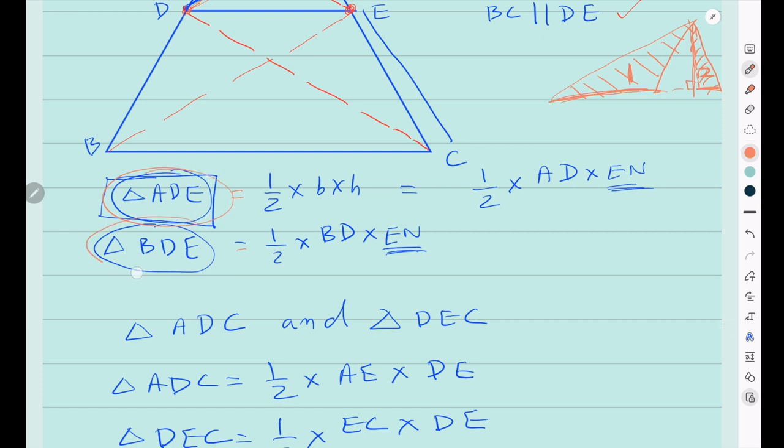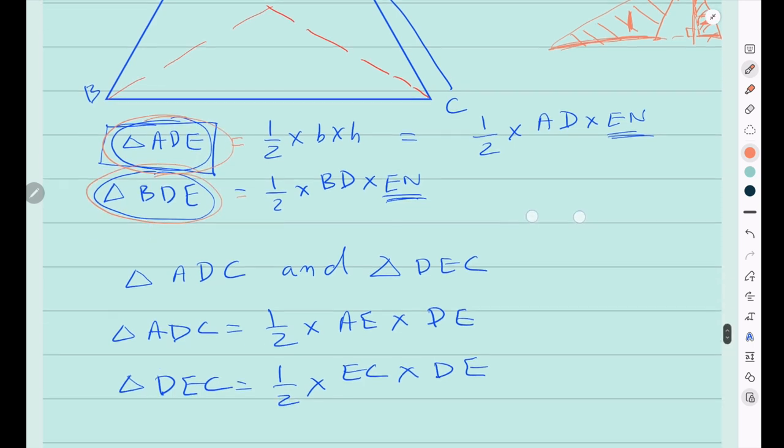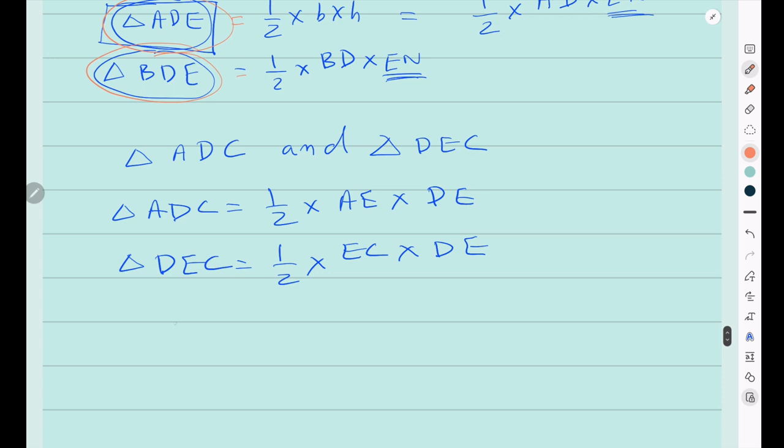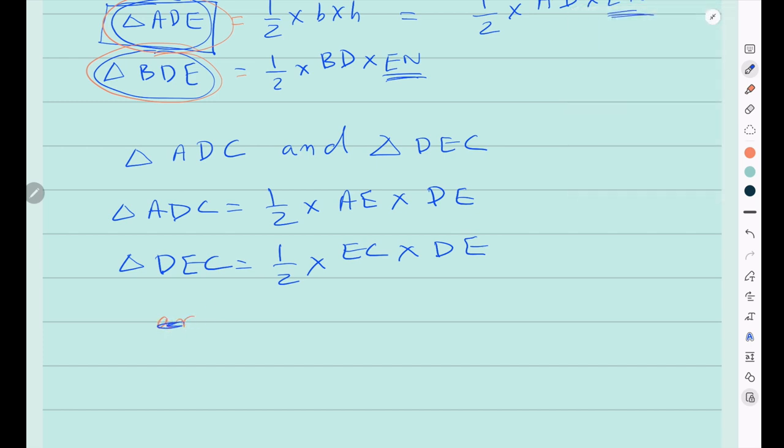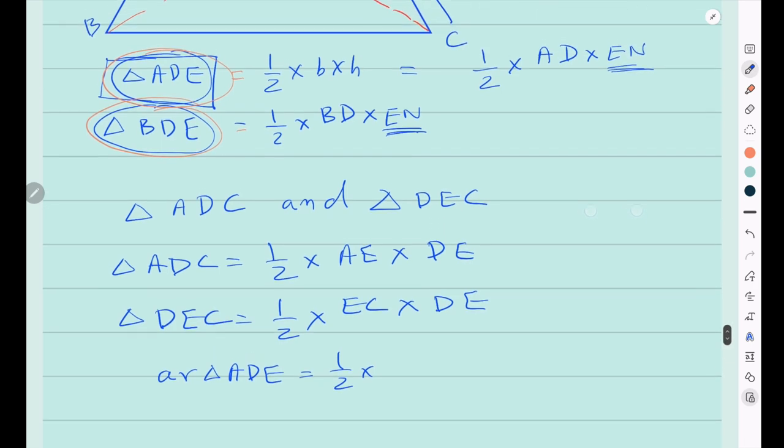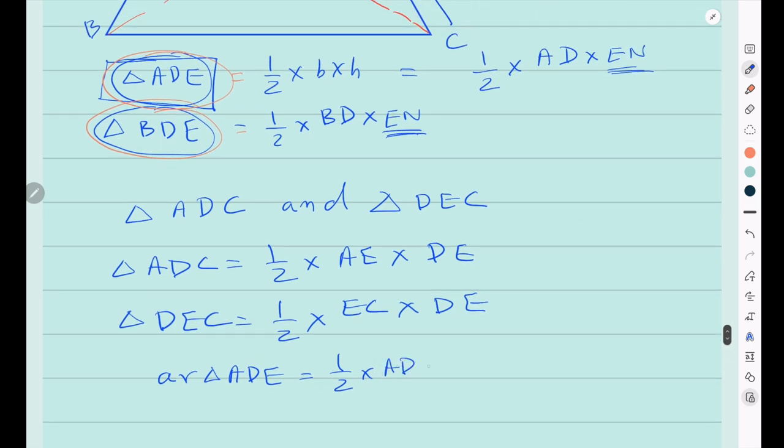Okay, so now as we have done that, in the first case, can we take the ratio of ADE and BDE? We can write down the area of triangle ADE is equal to half into AD into EN.